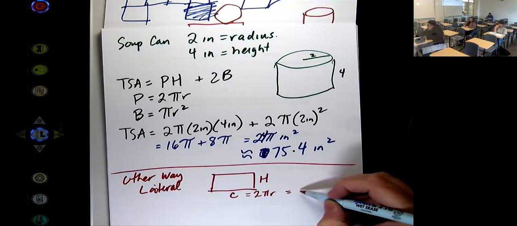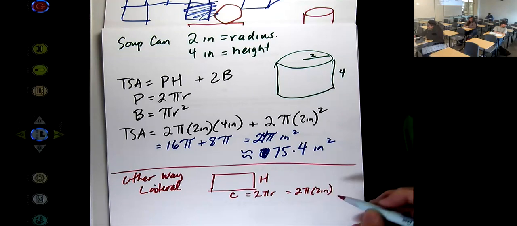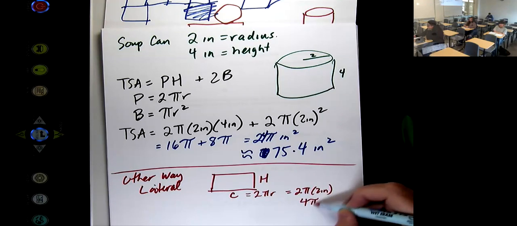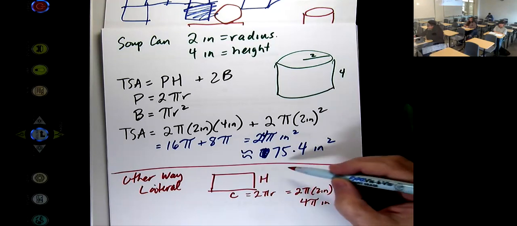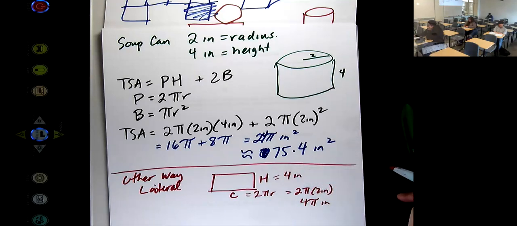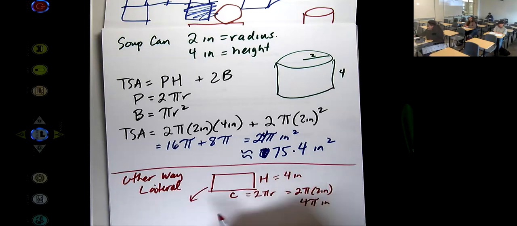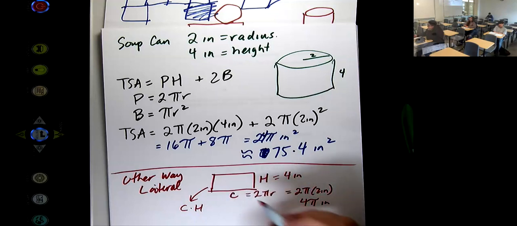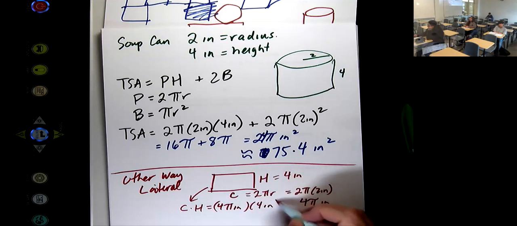So this is 2 pi times 2 inches, or 4 pi inches for the circumference. The height was given as 4 inches. So this thing ends up being c times h, the area of a rectangle there. 4 pi inches times 4 inches is 16 pi square inches.